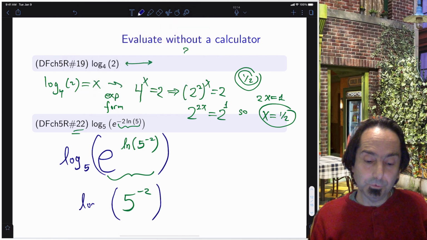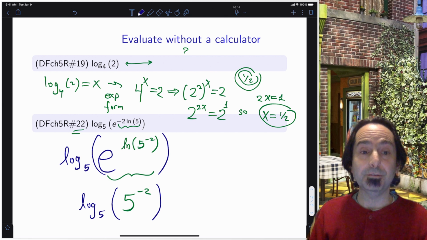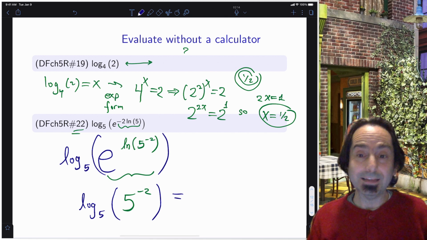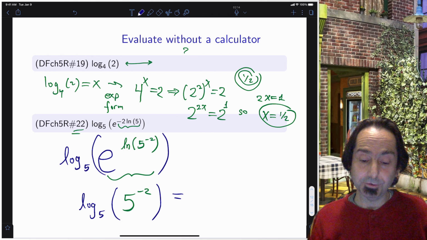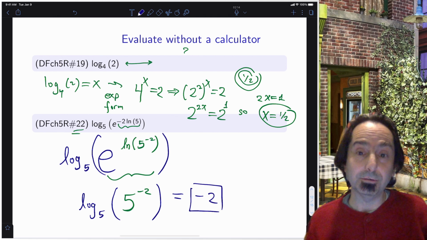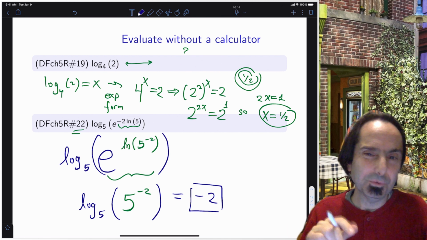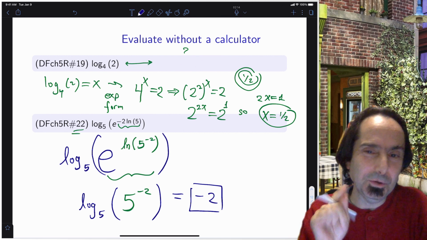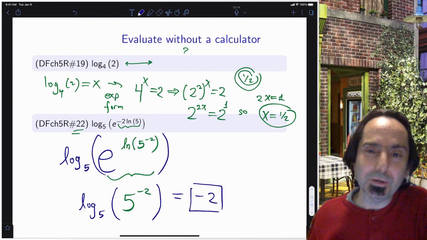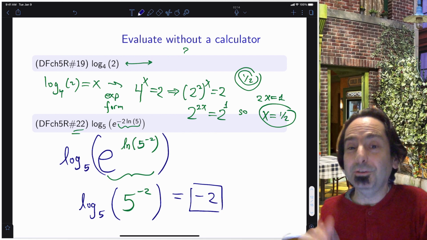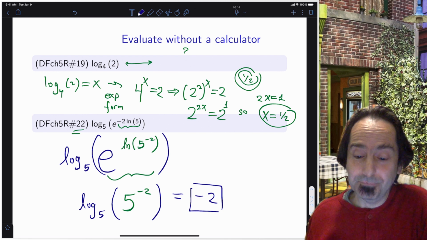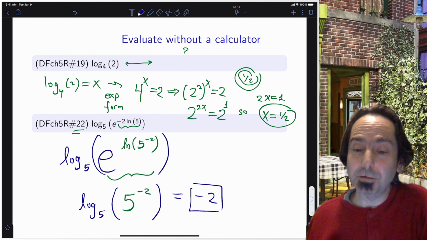And so what I have really is log base 5 of 5 to the -2, and again, the inverse property of log says it's just -2, and that is the answer. Who knew? This was such a setup problem to test, do you know that one rule? And if you do, it's a lot of fun. If you don't remember that rule, then it's like banging your head against a brick wall.